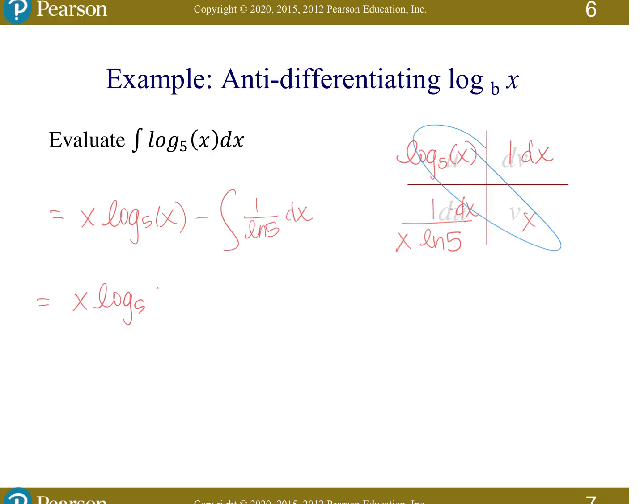And so since 1 over ln 5 is just a constant, then it's 1 over ln 5 times x plus the constant of integration, plus c.